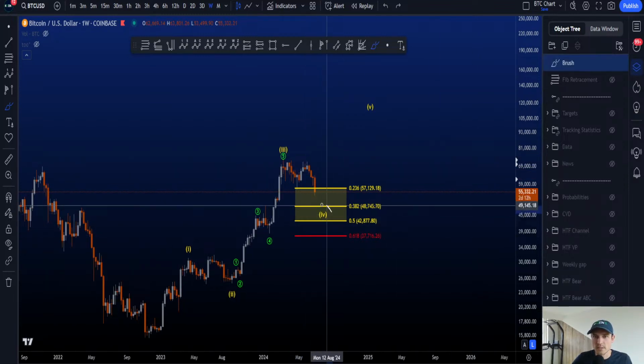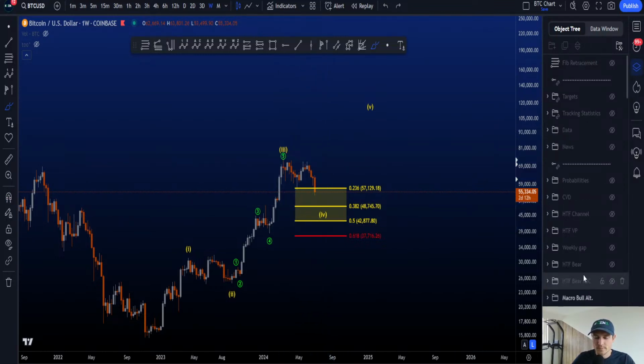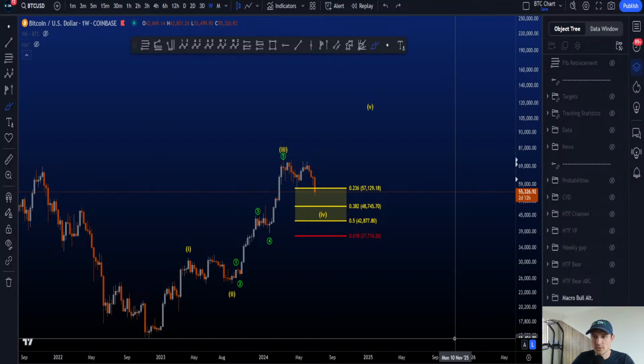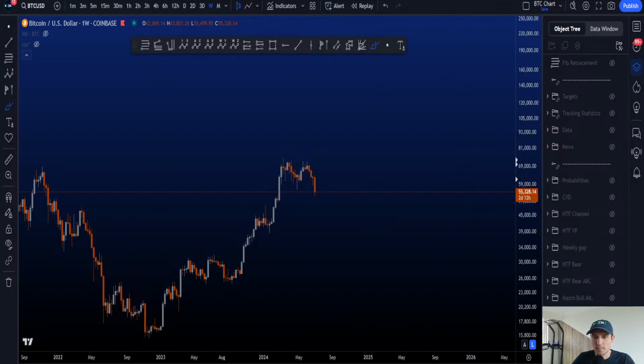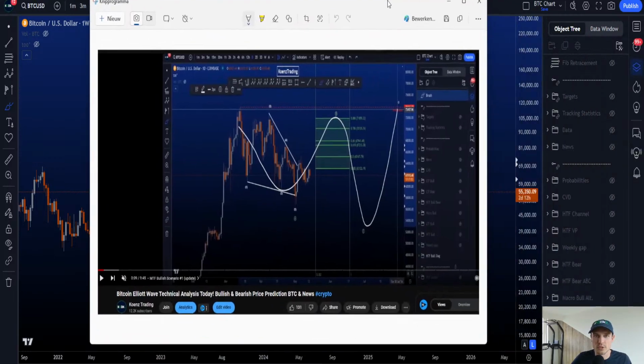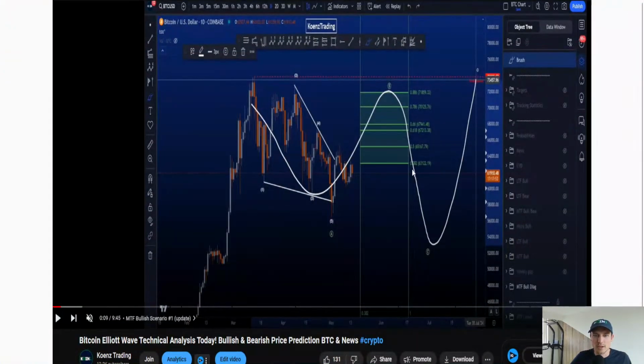Now, inside this wave 4, we then want to count a 3-wave corrective structure. And in my DMs earlier today, I got a screenshot, which I searched myself and screenshotted a little bit better, which is this.